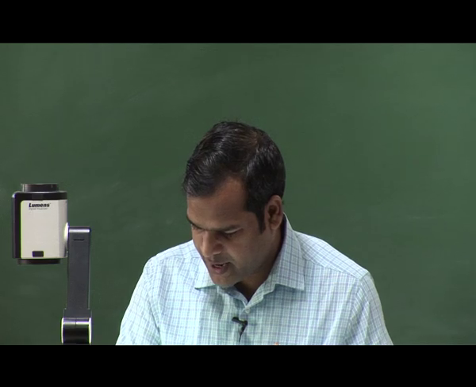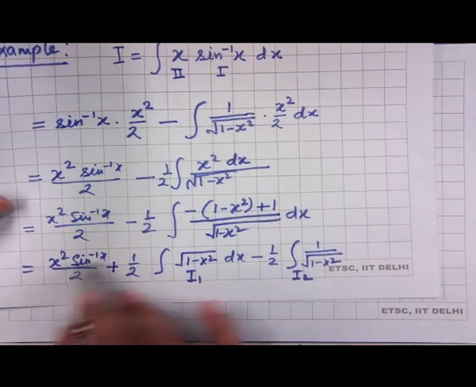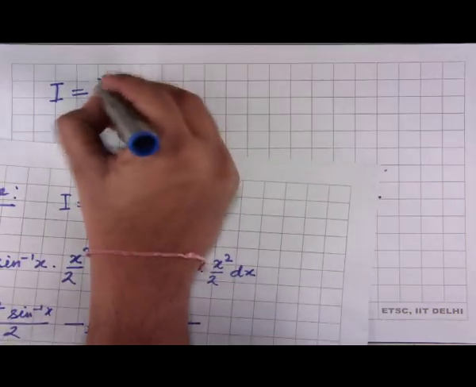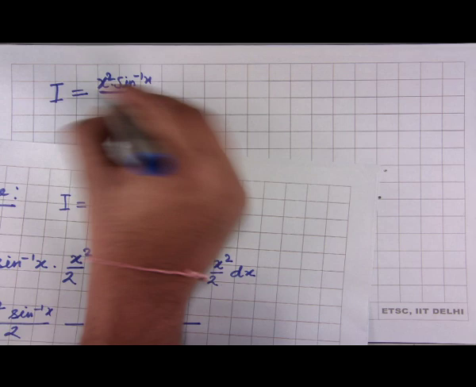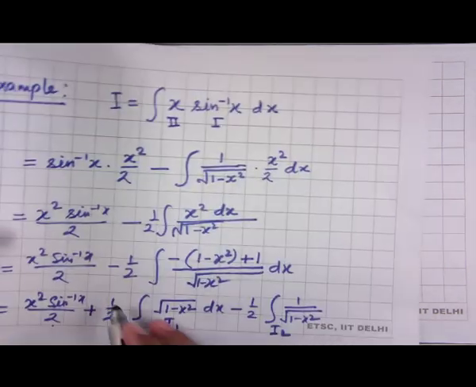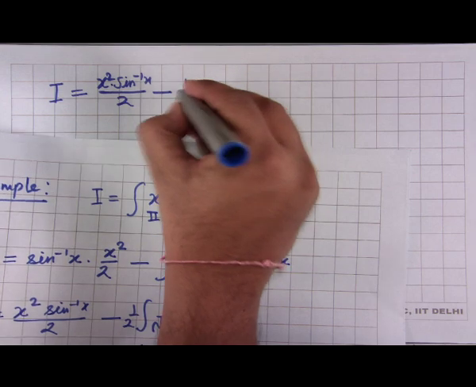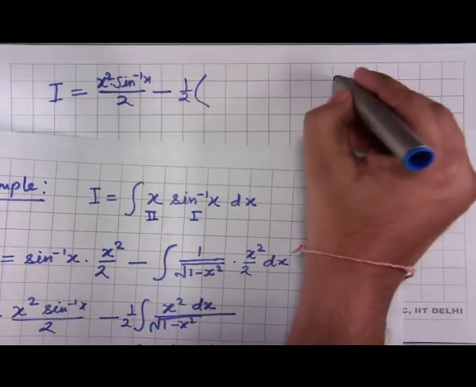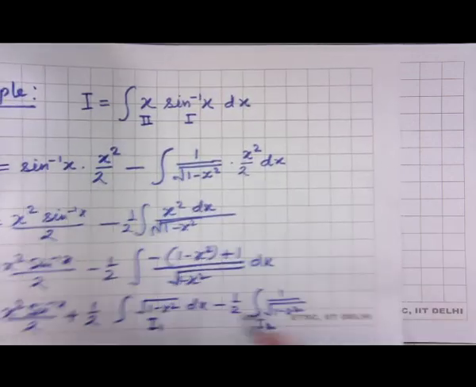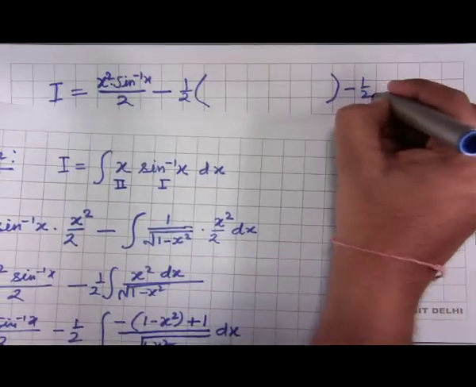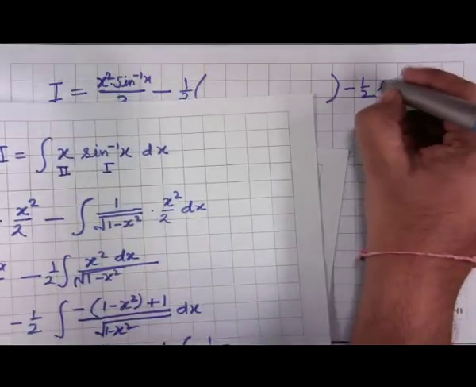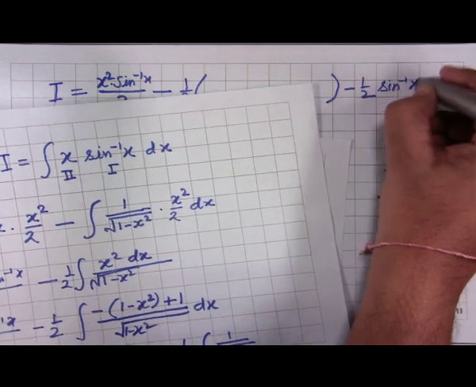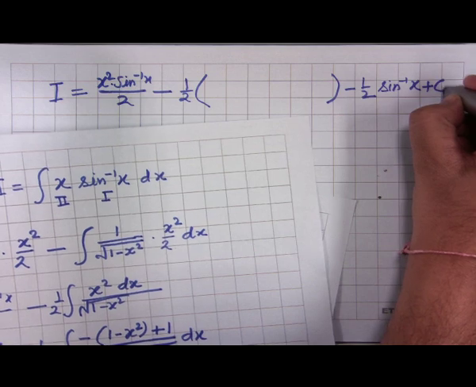My integral I ultimately is x squared sin inverse x by 2 minus half of I1, which I will substitute, minus half of I2. I2 we could easily see is nothing but sin inverse x, and then plus a constant of integration.